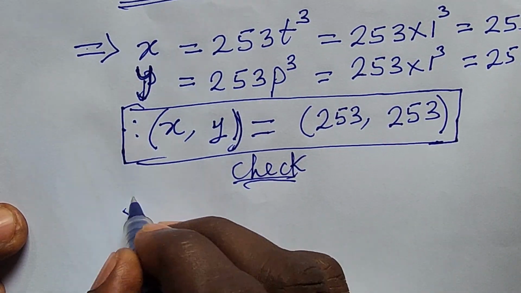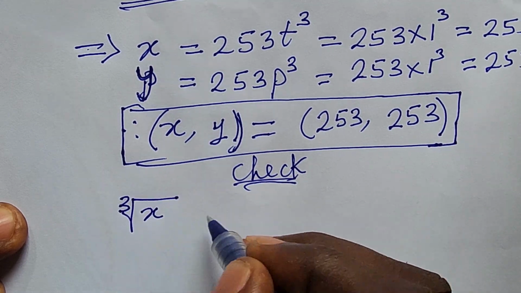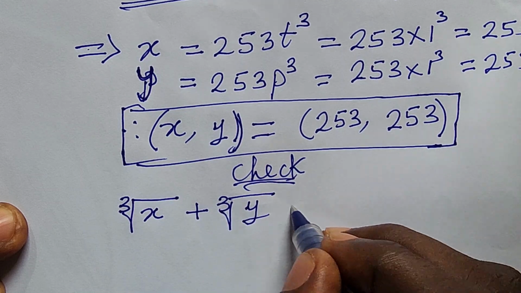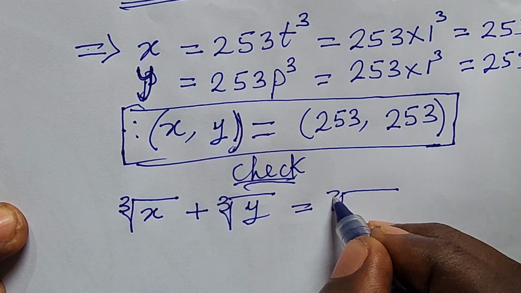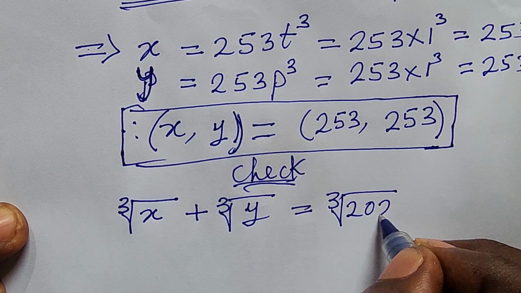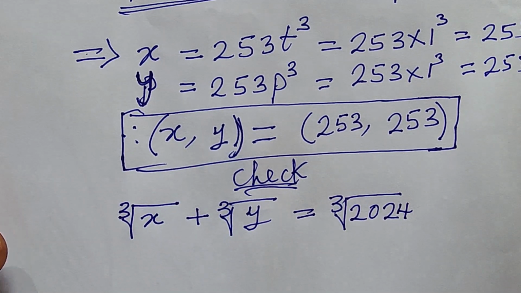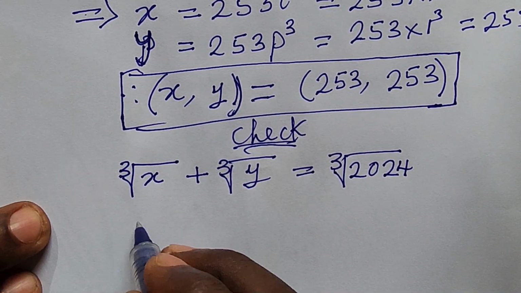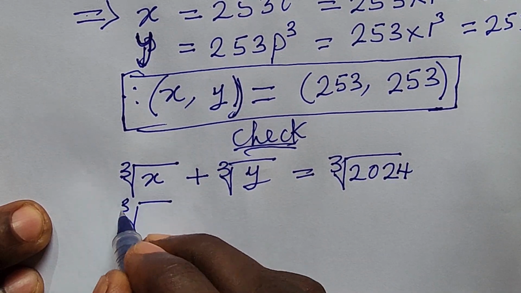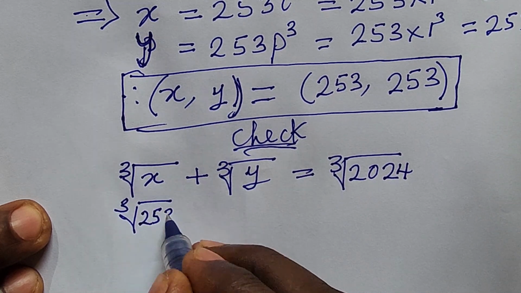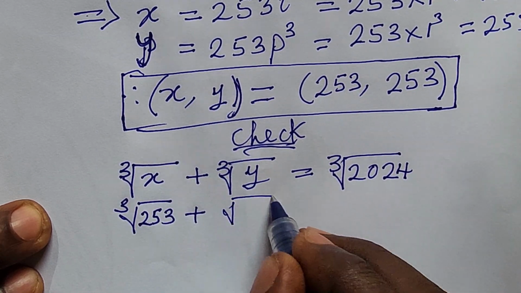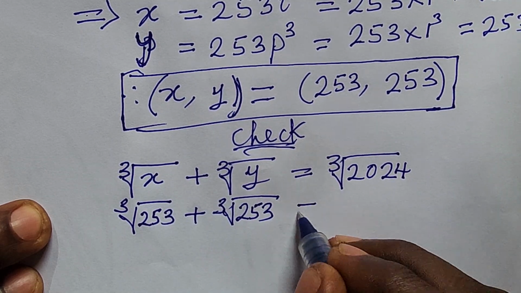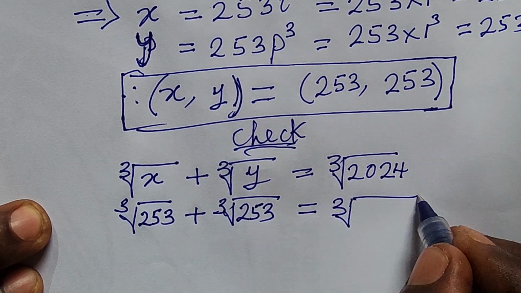Here we have our question to be the cube root of x plus the cube root of y, everything equal to the cube root of 2024. Okay, so if we substitute, we're going to have the cube root of 253 plus the cube root of 253 equal to the cube root of 2024.